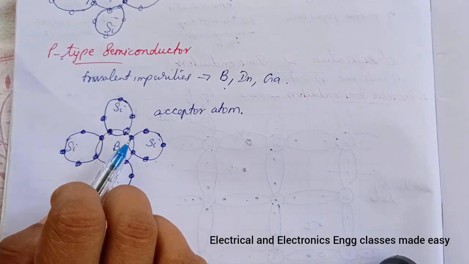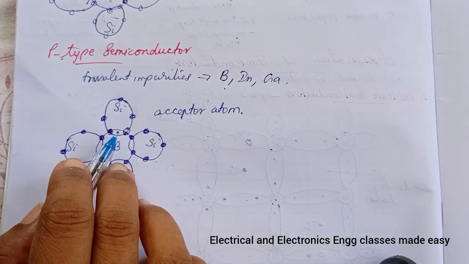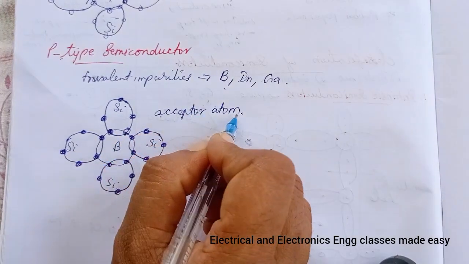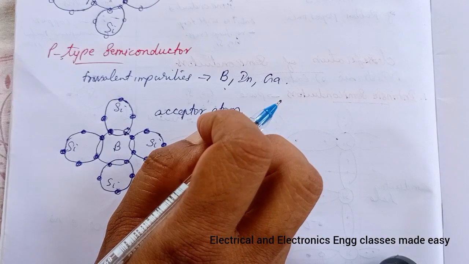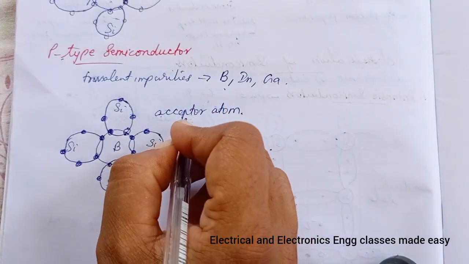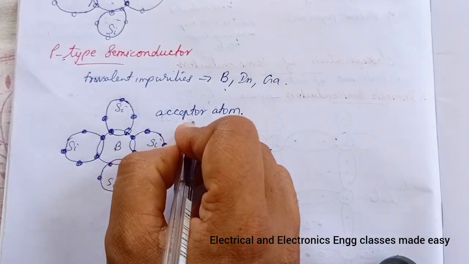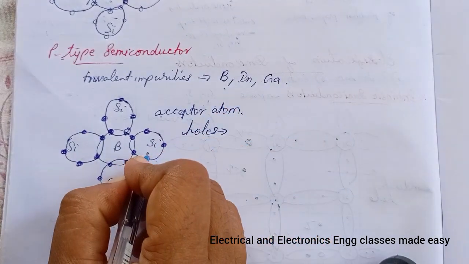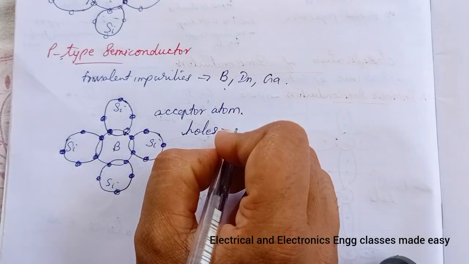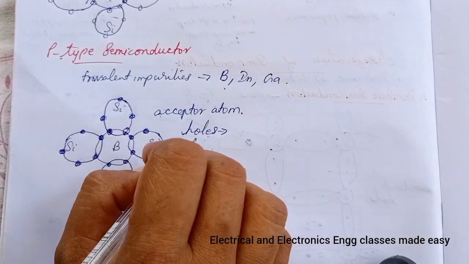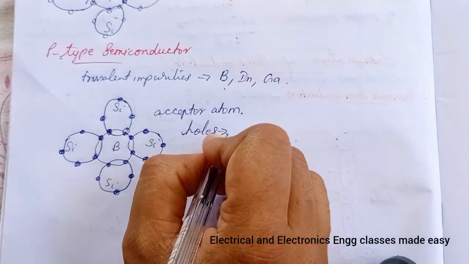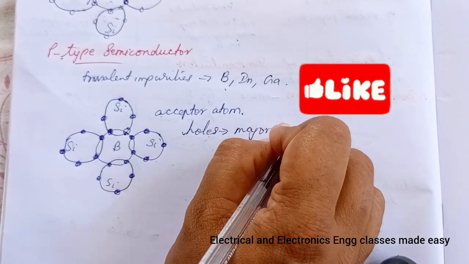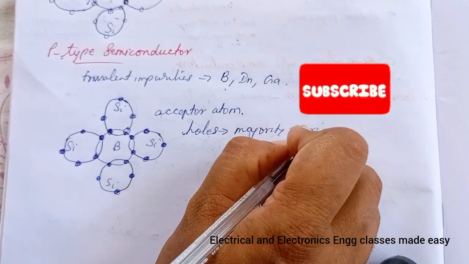Here most of the current carriers are holes. Silicon doped with trivalent atoms is called a p-type semiconductor, and the holes are called majority carriers in p-type semiconductors.